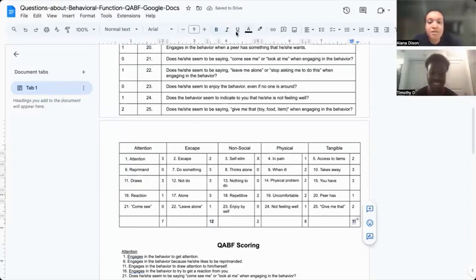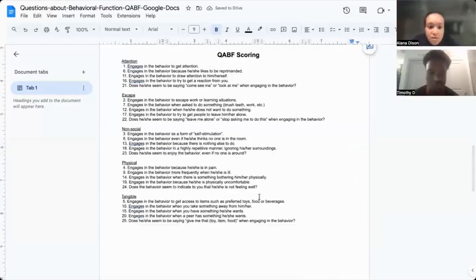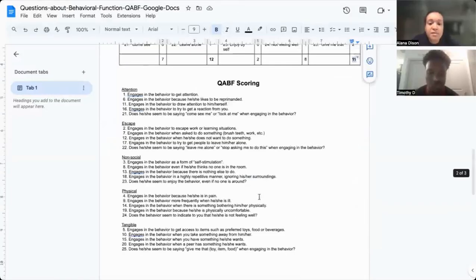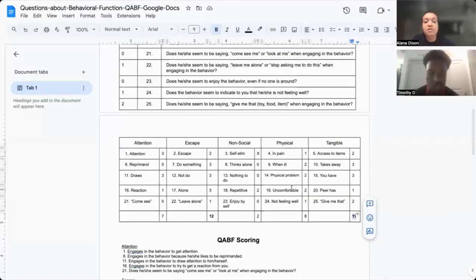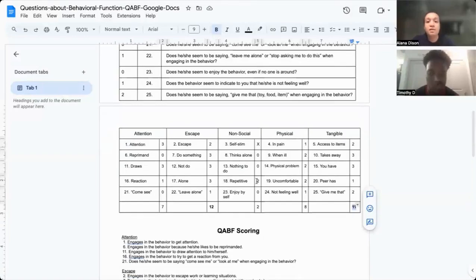Okay, so let me show you. All right. So usually what'll happen is we'll put this on a bar graph. So this is what it'll look like when you're actually scoring. Can you see?